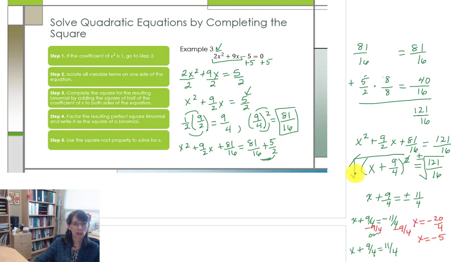In the other equation, we're going to subtract 9/4 from each side. And 11 minus 9 would be 2/4, and it's a positive 2/4. That's the same as positive 1/2 when you reduce. So our two solutions are x equals negative 5 and x equals 1/2.